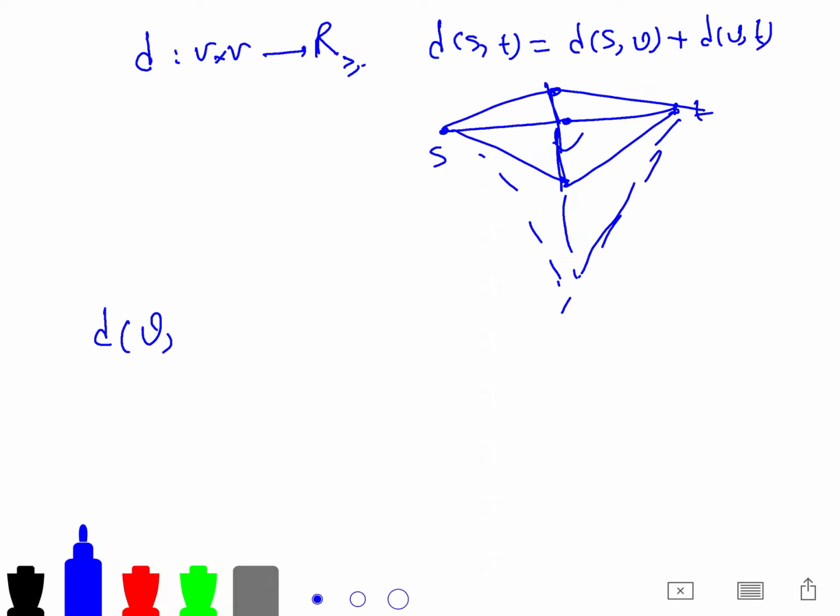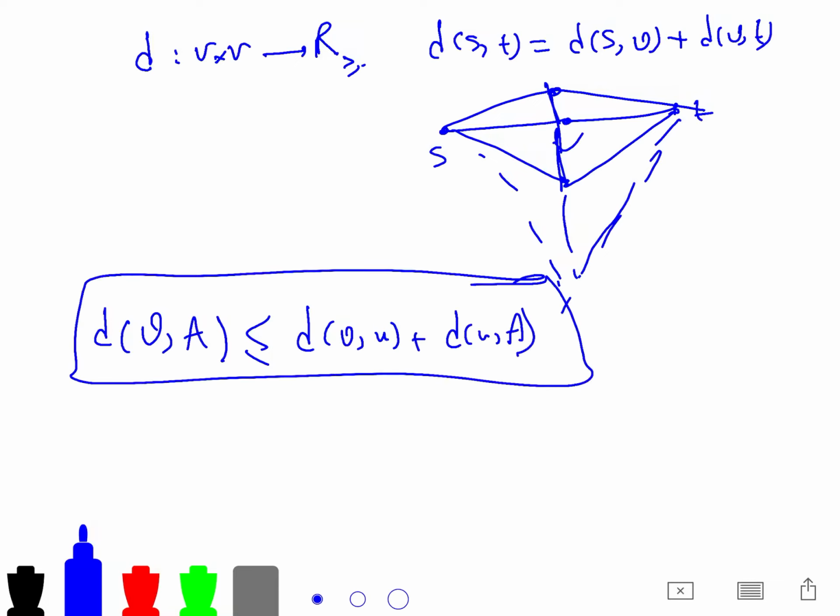Of course, this lemma, I have seen it in the 1995 article, Geometry of Graphs, of Mr. London. I remember it, 1995. That paper proved a very interesting proof of Bourgain's theorem about those metric embeddings. But anyway, D of V, A is less than D of V, U plus D of U, A. So you see, one idea is repeated in several articles because it is a very natural concept.